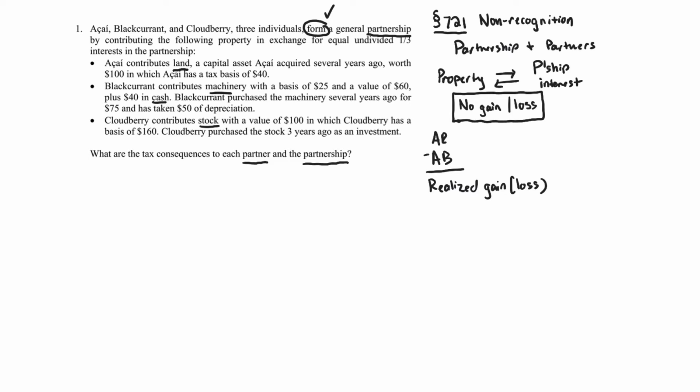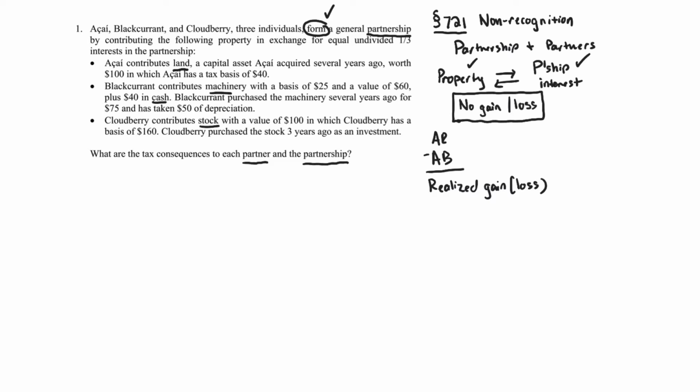Those are pieces of property, and they're getting partnership interest, so no gain or loss recognized. In terms of realized gain or loss calculation, their amount realized is going to be the value of their partnership interest minus the adjusted basis of the property they're giving up, right? All these pieces of property would have a realized gain or loss. But again, it's not going to be recognized because of the non-recognition rule. So therefore, all parties in this problem are going to have no gain or loss recognized.